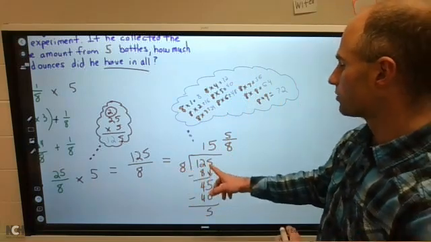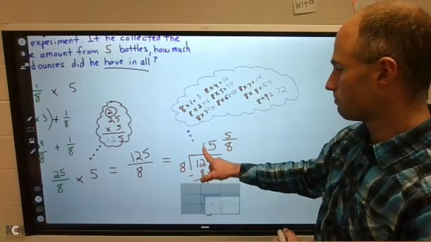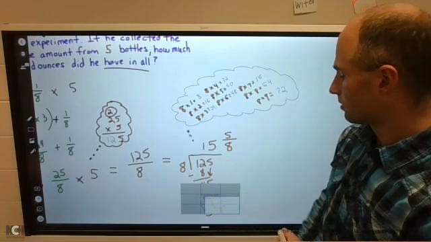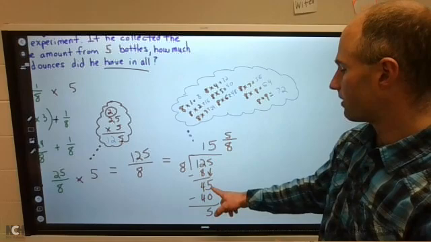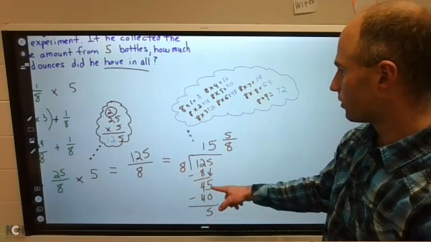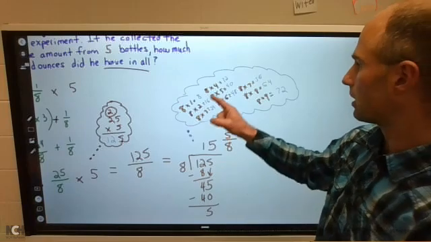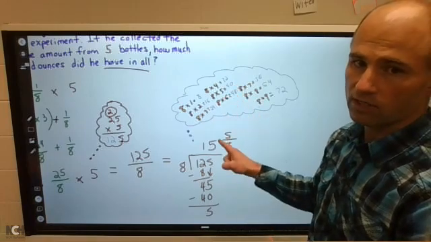So 8 goes into 125. 8 goes into 12 specifically one time. You get 8. I subtract, I get 4. I bring down my 5, I get 45. 8 goes into 45. I think it's 5 times, but let me check. 8 times 5 equals 40. Yep, bingo. It goes in 5 times.